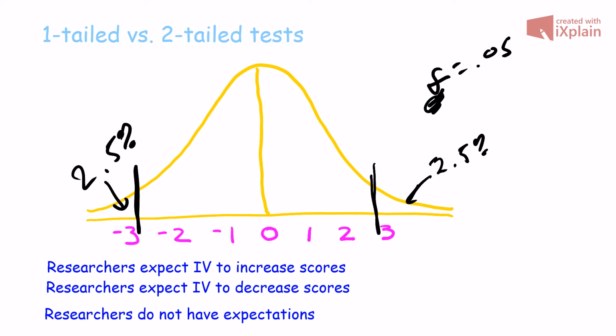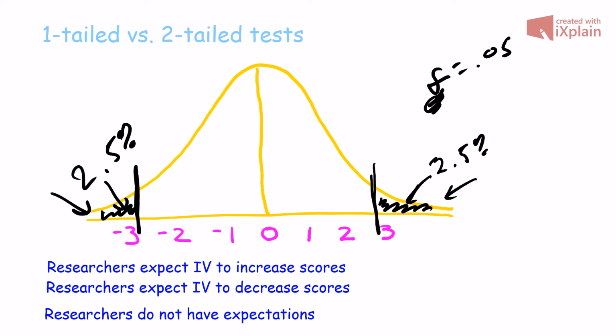So we're splitting that alpha into two regions. So we're going to have two critical values. They're going to be the same value, but one's going to be positive and one's going to be negative. And if we get something in this region, that means that the drug significantly increased people's weight. And if we get something in this region, that means the drug significantly decreased people's weight.